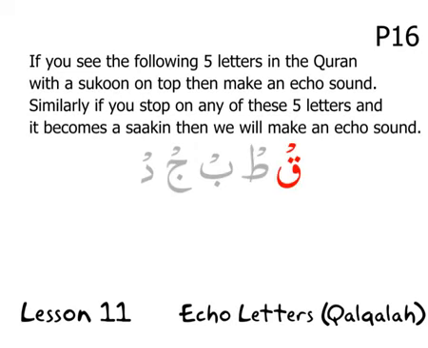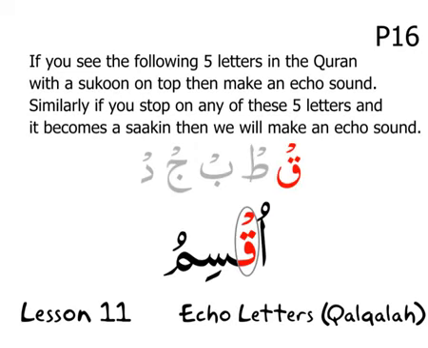The qaf examples are uqsimu. I don't say uqsimu, I say uqsimu. You hear the little echo? You cannot echo it so much that you make a fatha, kasra, or dhamma, so that it becomes a zabar, zair, or pesh. Saying it like that is too much.